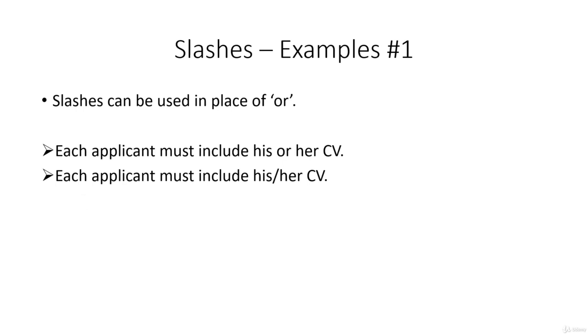Now we have several options of how we would read this. We could read it as each applicant must include his or her CV, or we can say each applicant must include his/her CV. It's a personal preference, up to you.